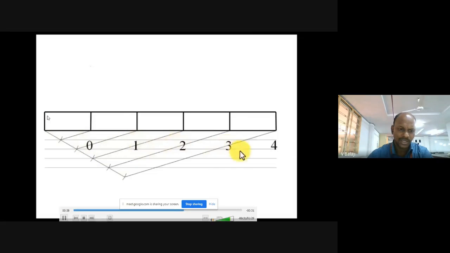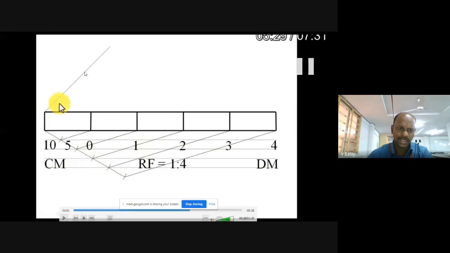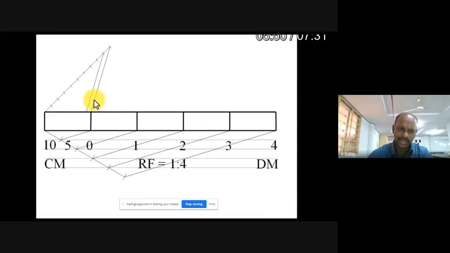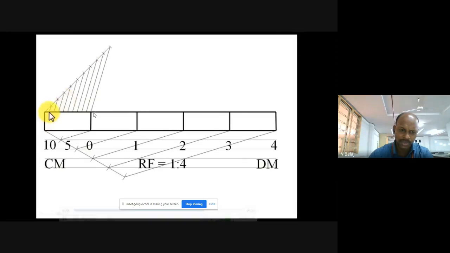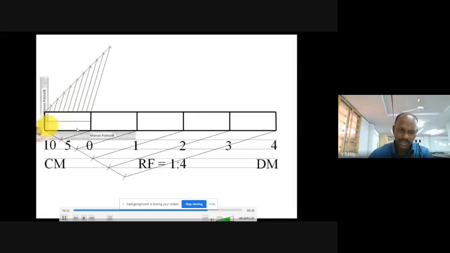By drawing one angular line, like this. How many arcs I need to cut? 10 arcs, because 1 decimeter equal to 10 centimeters. And the last arc you need to join to the 0 line and draw parallel lines with the help of the mini drafter, parallel to this first line. And even you can draw perpendiculars on the first part.